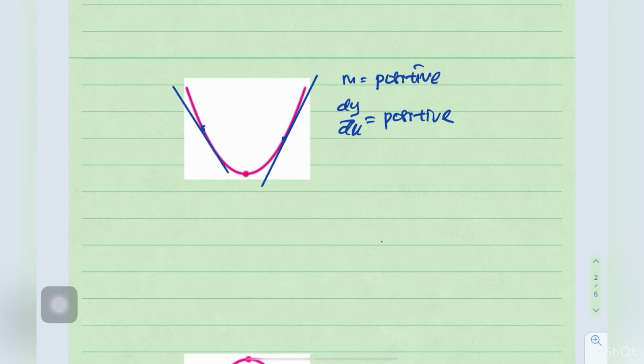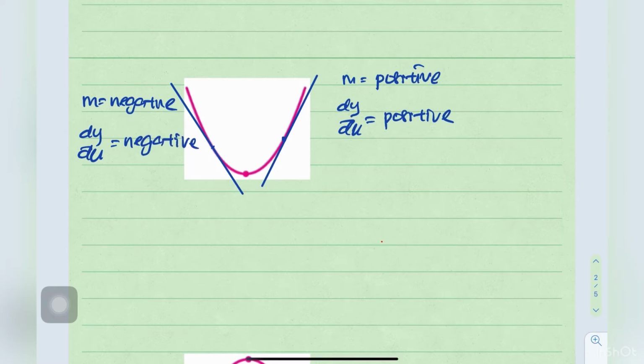Same thing if we have the left side. Sorry, we draw again. At this point, the gradient is negative. The gradient is dy/dx, so dy/dx is negative.